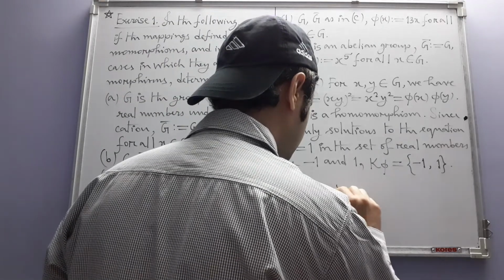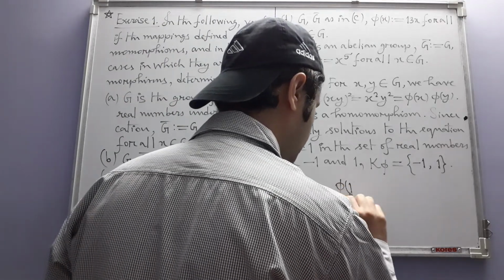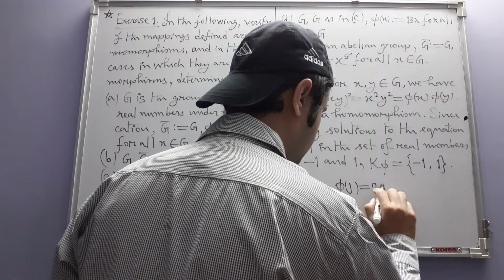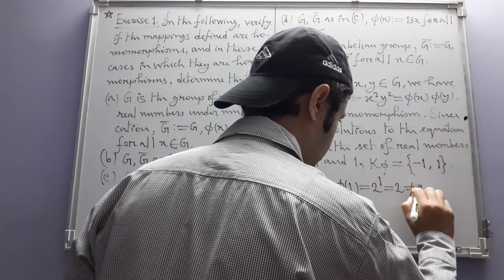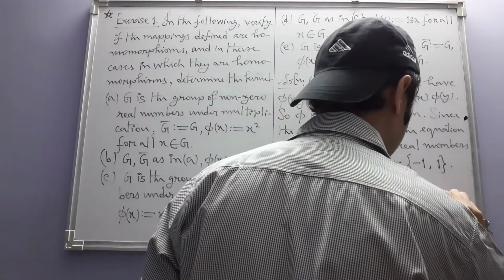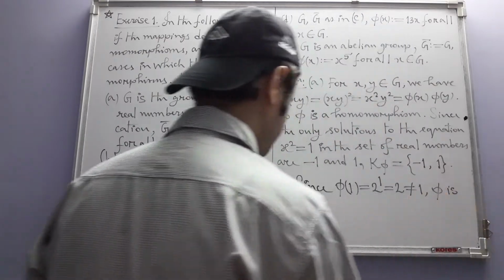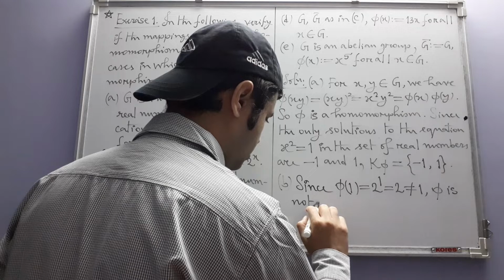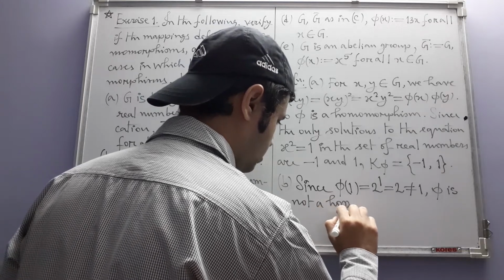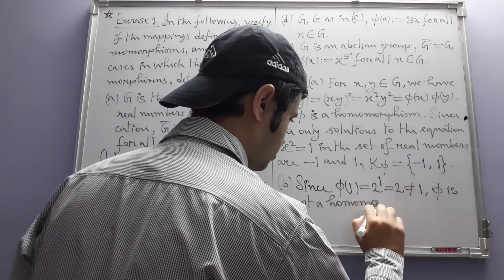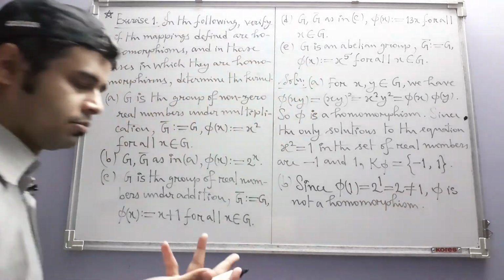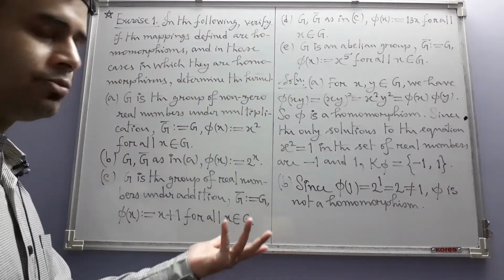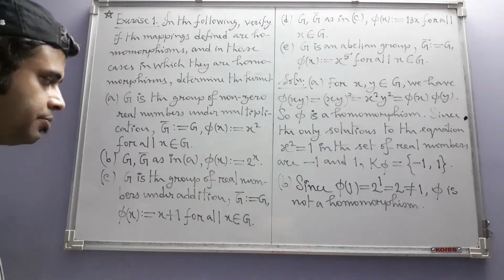So since phi of 1 is not equal to 1, phi is not a homomorphism. And that is why there is no question of kernel.